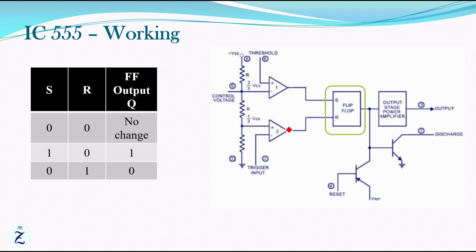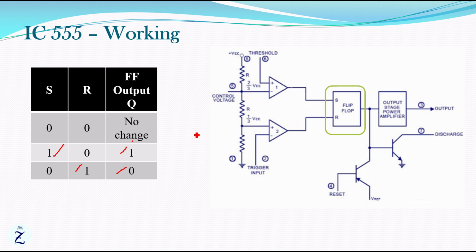So when the first comparator produces a high output, it will set the flip-flop, so Q will become high. Also, when the second comparator produces a high output, it will reset the flip-flop and produce a low output.